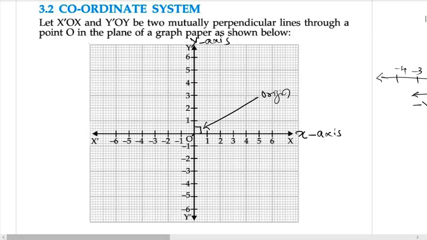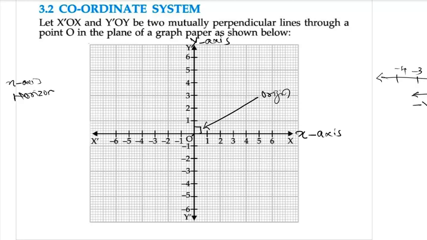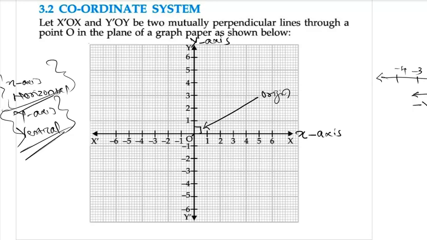Let me write over here. X axis is always horizontal, right? Y axis is always vertical. X axis is always horizontal and y axis is always vertical. Remember this, please remember this.